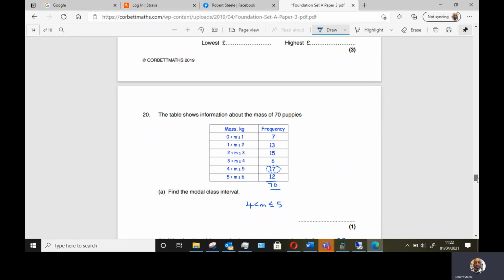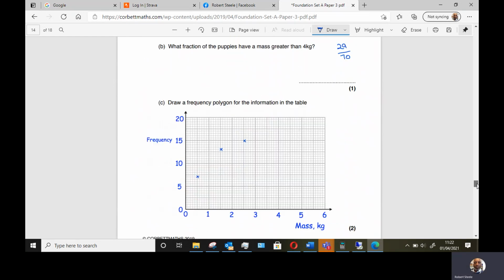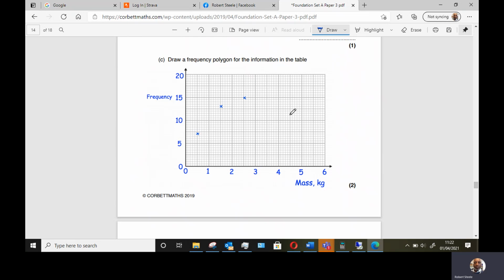Then we've got 6, 17, and 12. So 6 is there. 17 is there.